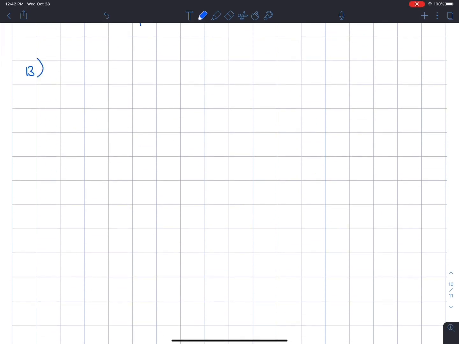Question 13. A piece of real estate dropped $1,620 in value per month for 5 months. If the home is now worth $245,000, what was the value of the house 5 months ago? So you see, the beginning value minus the total drop will give us the ending value, which is the value of the house now.